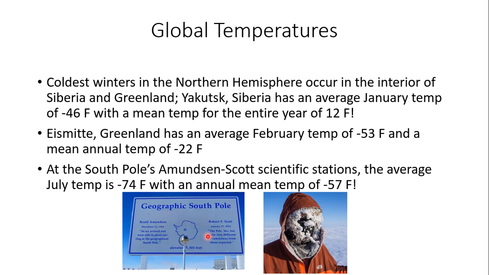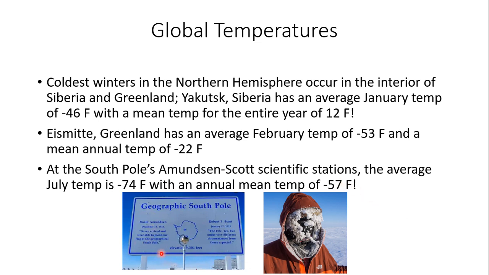So here is a sign for the geographic South Pole, and the elevation at the geographic South Pole is 9,301 feet above sea level. So think about a mountainous area, going with altitude, being very cold, and on top of it, you're at 90 degrees south. So latitude and elevation, or altitude, really produce these extremely cold temperatures at the South Pole.